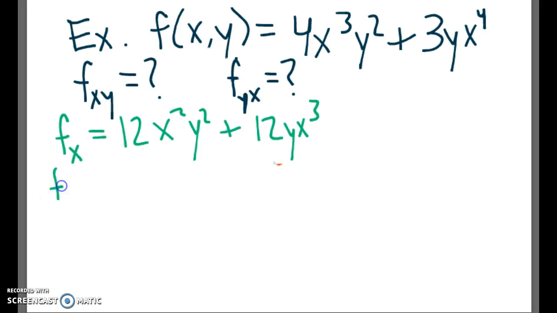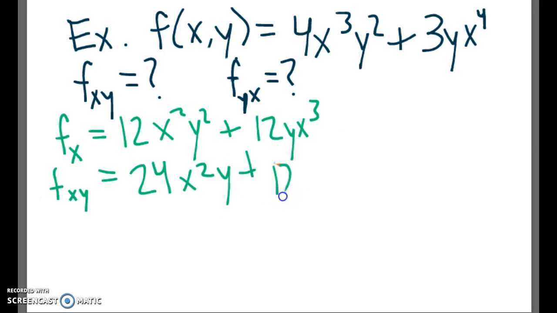Alright, and then to get the second partial derivative with respect to y, we just take the y partial derivative of f sub x, which we know is 24x squared y plus 12x cubed.